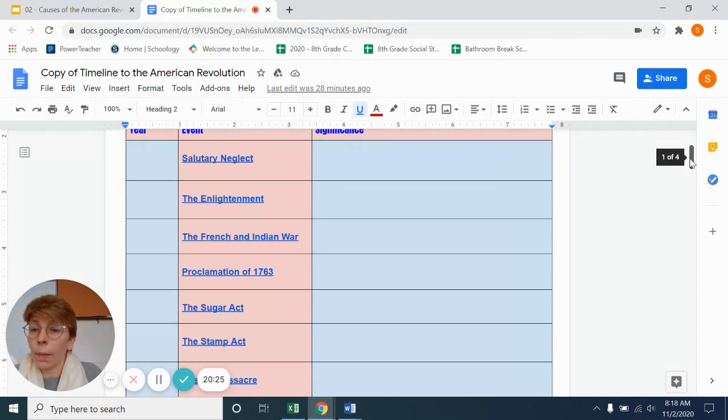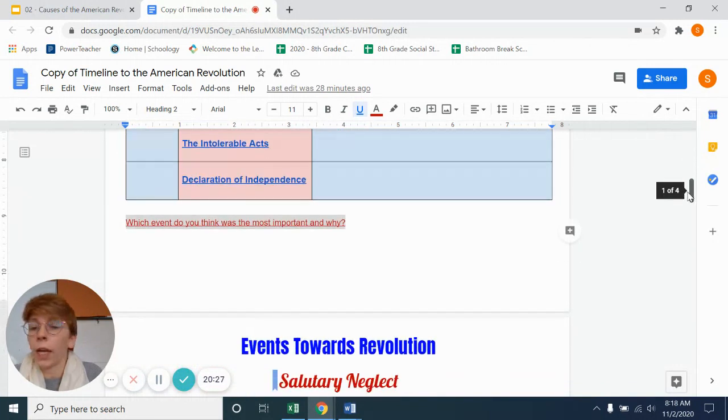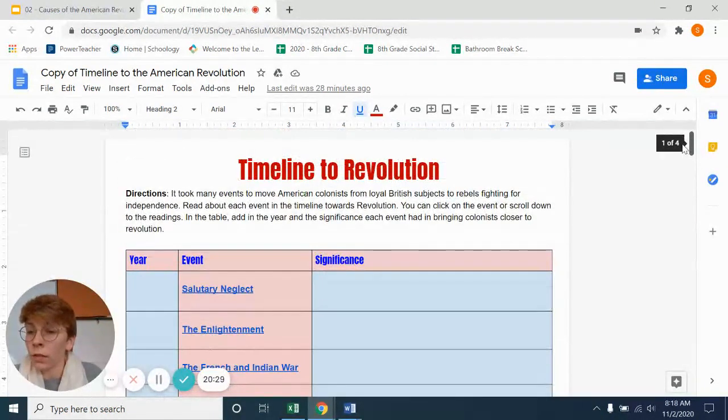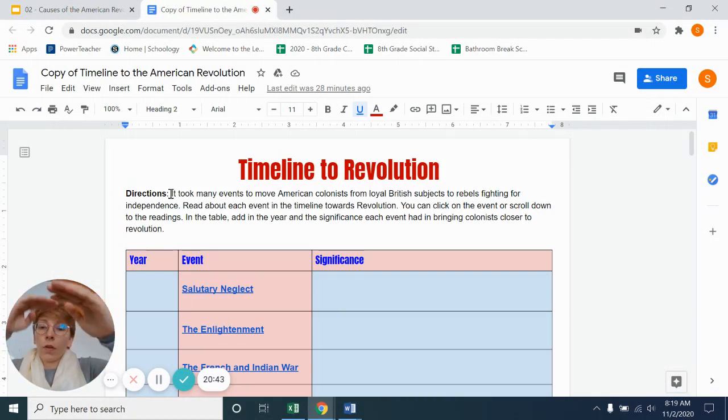You should have a familiarity with all of these events. And today we're just looking to put them into a timeline. So it took many events, many different steps to move American colonists from the British to fighting for independence.